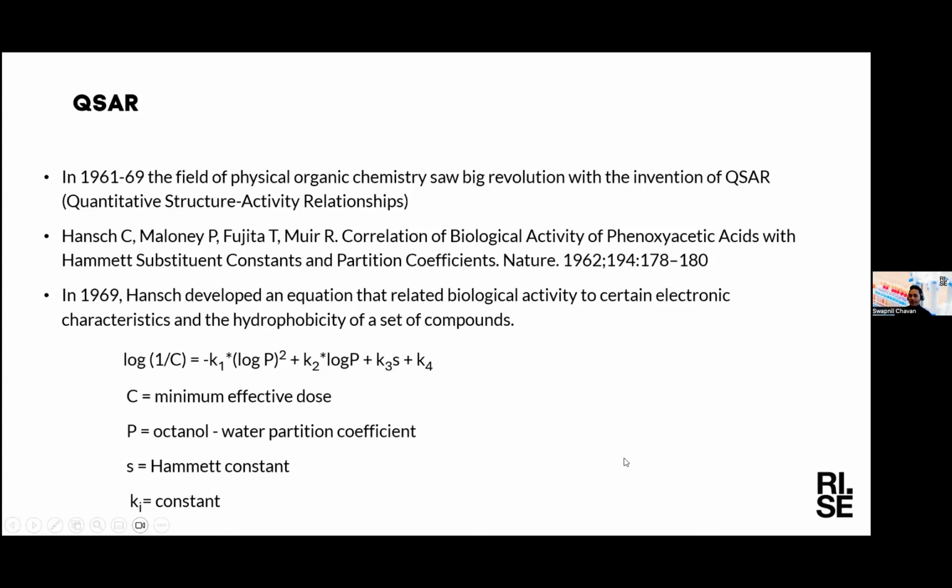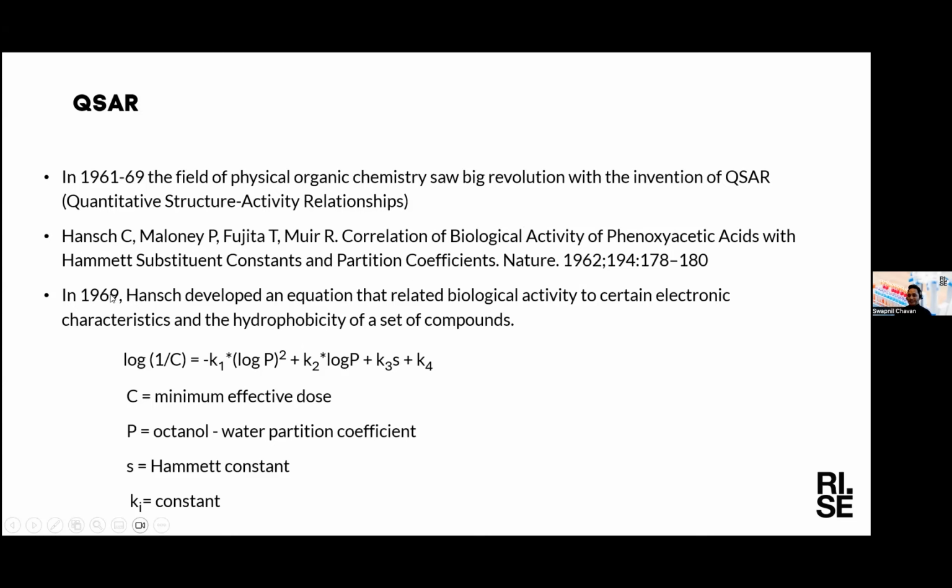The main founding stone of predictive toxicology was placed in the years 1961 to 69, where the field of physical organic chemistry saw a big revolution with the invention of QSAR. During 1961 and 62, Hansch and Fujita and their team came up with correlating biological activity with the help of a few electronic constants and partition coefficients.